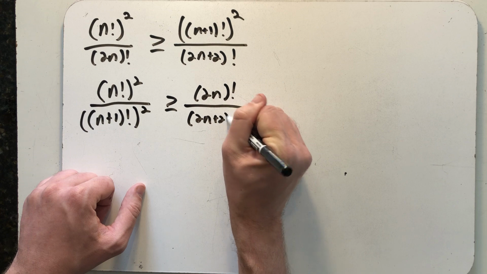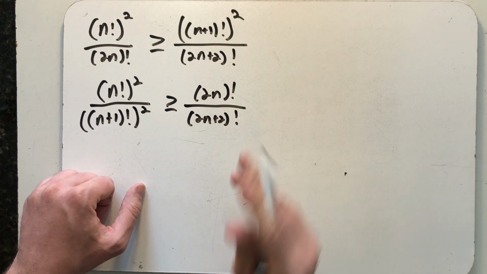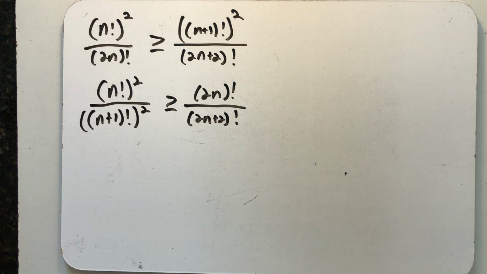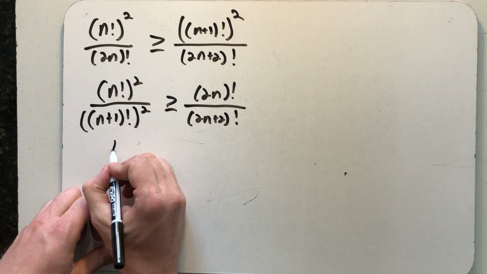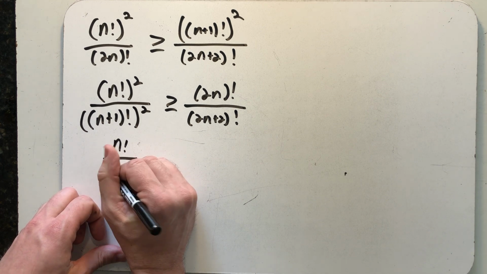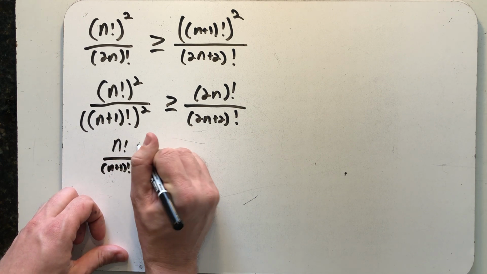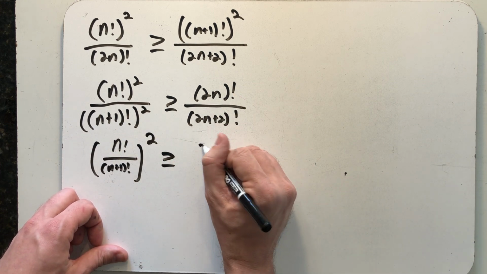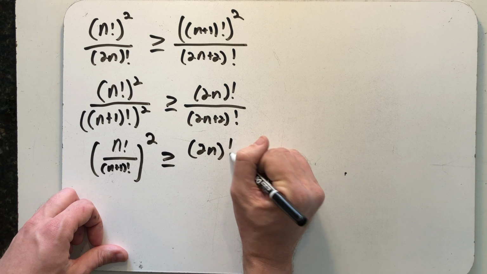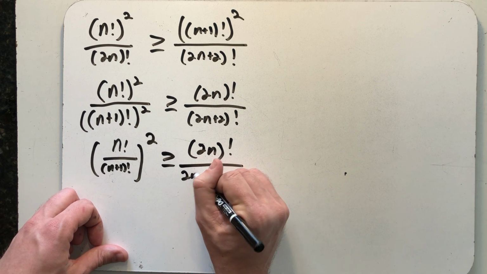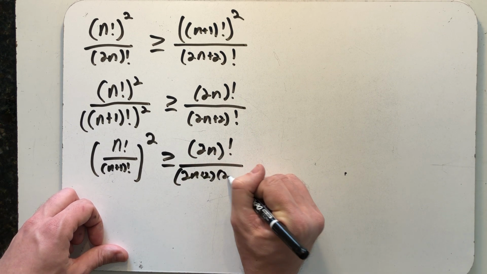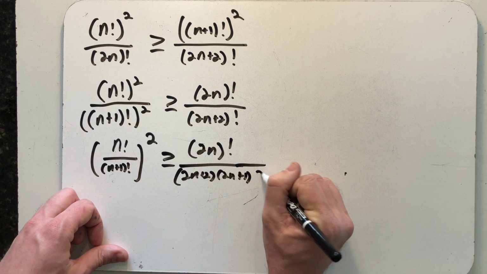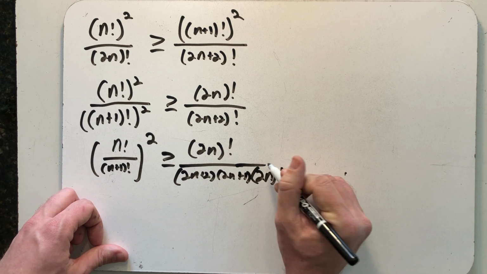Getting, I don't know, the similar looking parts together. I'd say I'm getting the factorials together, but everything's got a factorial in it, so it's not really what I'm doing. So on this side now I have n factorial over n plus 1 factorial all squared. And on this side I have 2 to the n factorial over 2 to the n plus 2 times 2 to the n plus 1 times 2 to the n factorial.